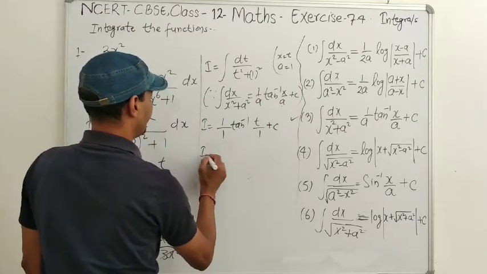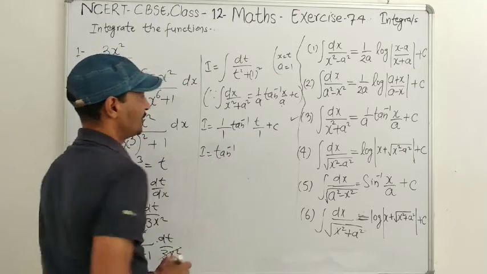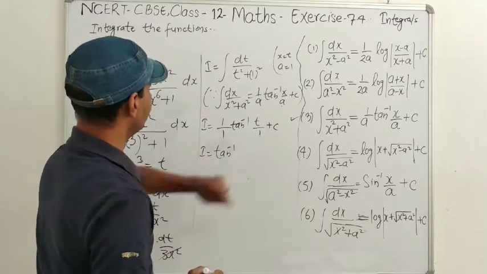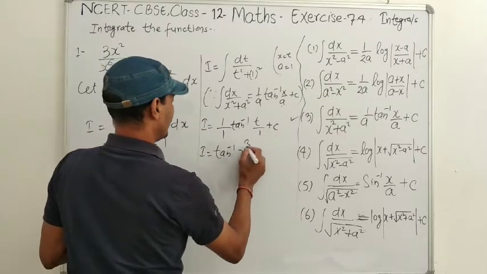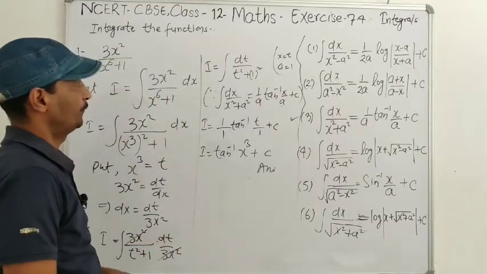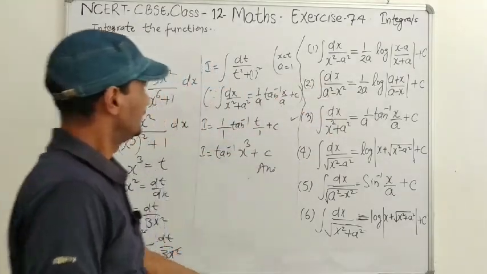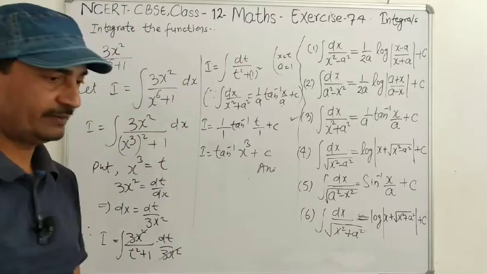Now 1 by 1 is 1, no need to write, tan inverse t by 1 means t. What is t? T was x cube, plus c. So it is the required answer. If we know these formulas we can do this easily. So one answer we have got here.